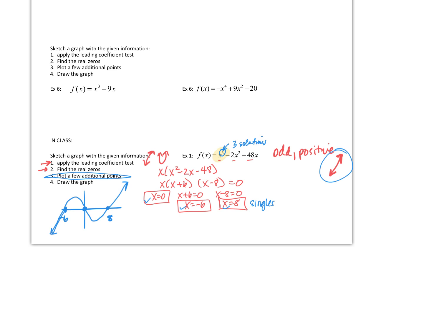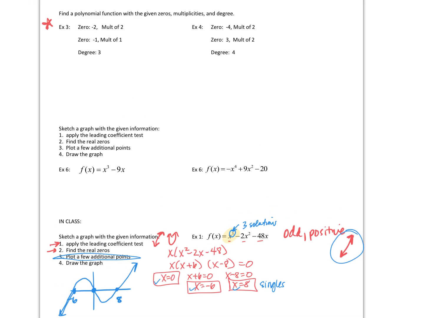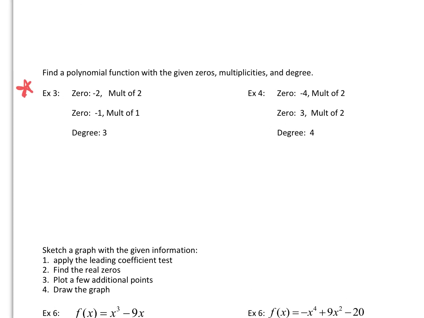All right? Now the other type of question you're going to see, and I'm going to give you a lot of time to work, is what I did in the notes, but like on example 3. That's weird, right? We're finding the equation given the zeros, the multiplicities, and the degree. What the heck?